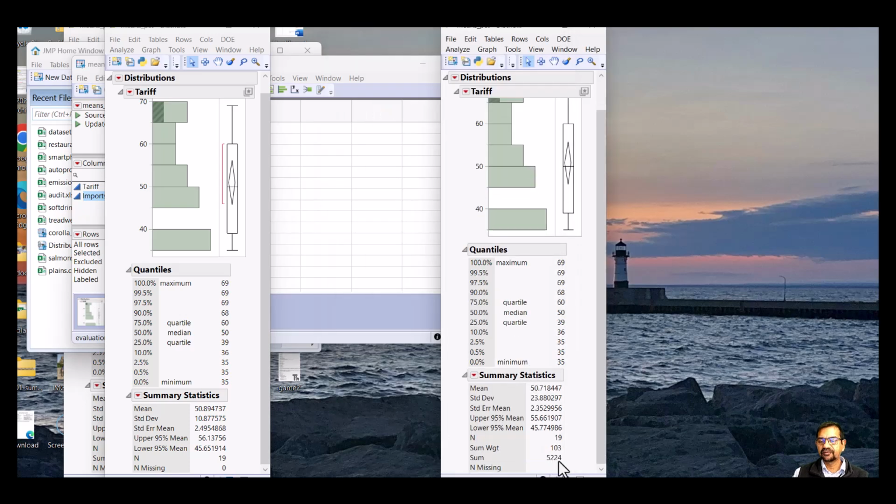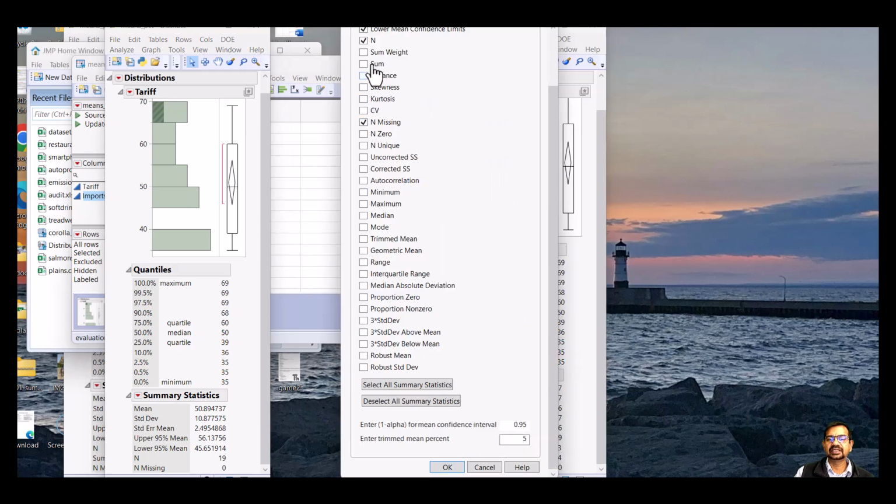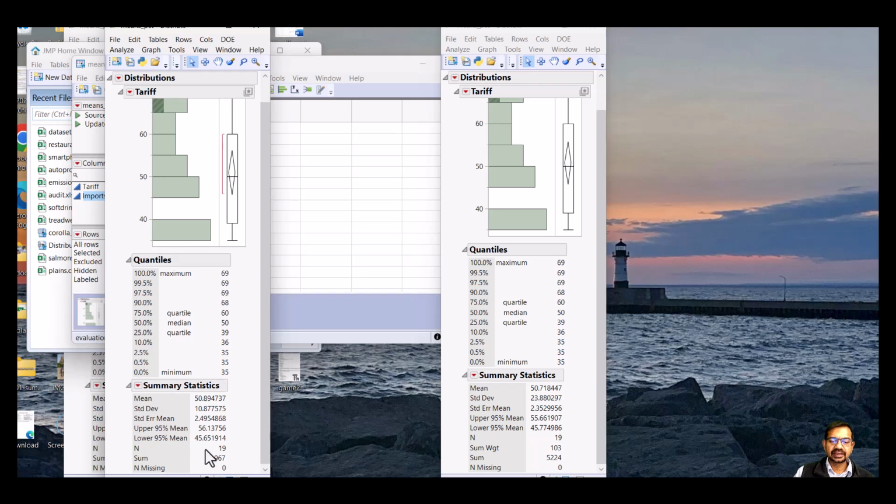So the sum 5224 that we get is essentially the sum of the product of our tariff with corresponding import values. And this will be quite different than the sum of our numerator or x values here. You can do the same exercise, obtain the sum, and that value is only 967.